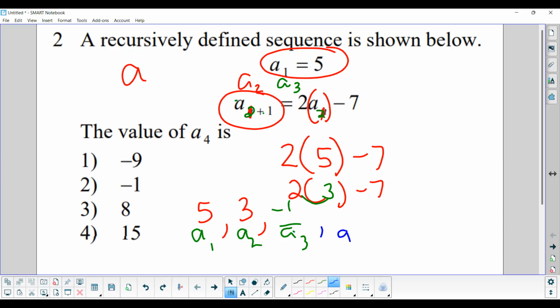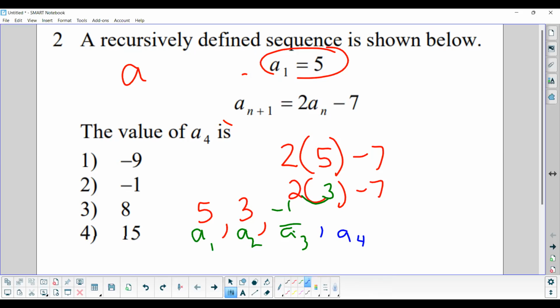Now we're going to find the answer for the fourth position. Let me erase my mess up here. This would need to be a 4, but in order for the 4 to be there, I don't put a 4 here, I'd put a 3. Anywhere the letter n is has to be replaced with a 3.